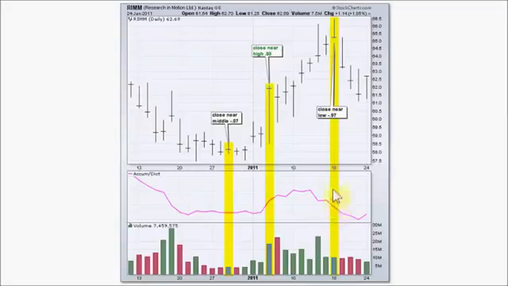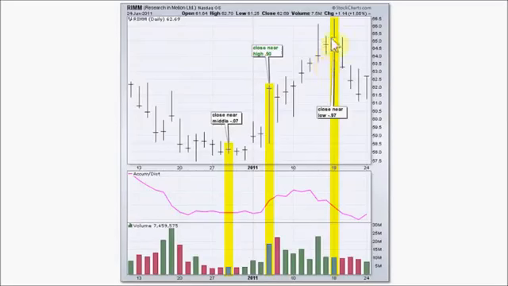And that shooting star also signaled the top. But as you can see, the AD line right here started to predict weakness in the stock, because whenever you see a close at the low end of the day's range, even though the stock goes up, that's a sign the bears are winning the day.